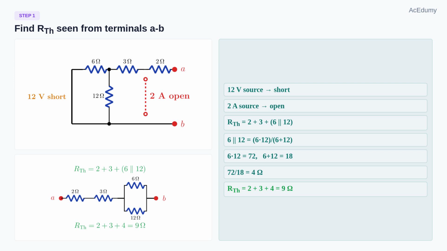Compute the parallel part. 6 times 12 is 72. 6 plus 12 is 18. 72 divided by 18 is 4 ohms. Then add the series resistors. 2 plus 3 plus 4 equals 9 ohms. Therefore, Rthevenin is 9 ohms, and the maximum power load will also be 9 ohms.